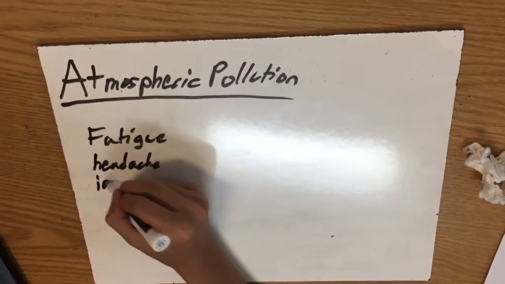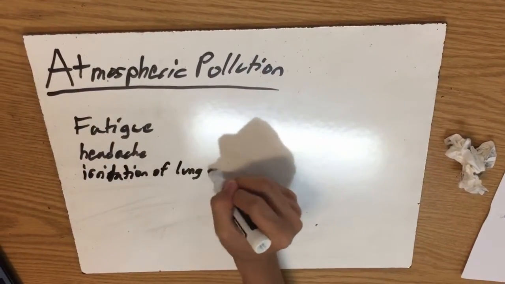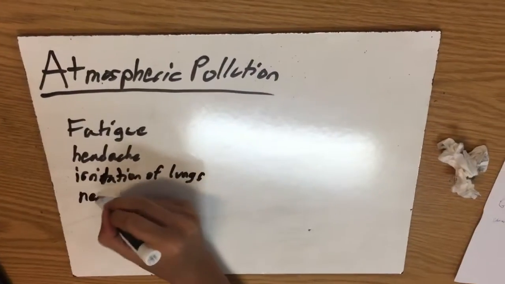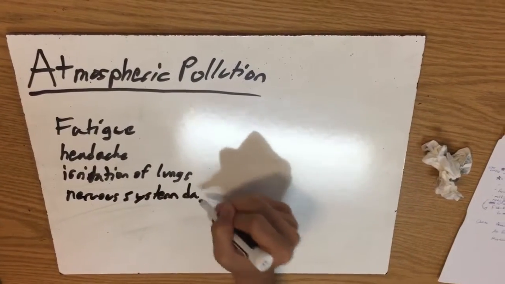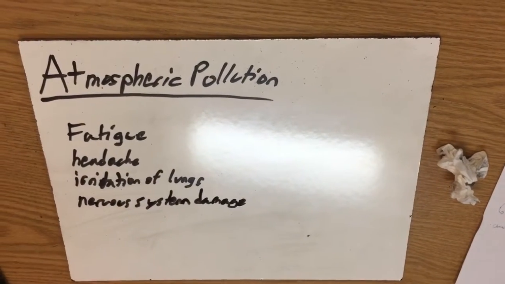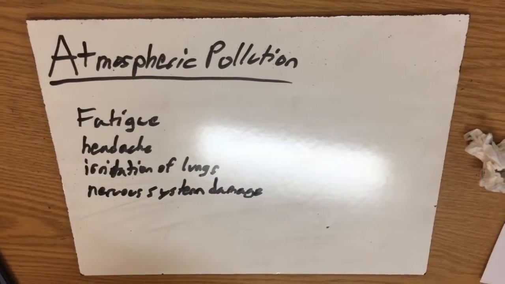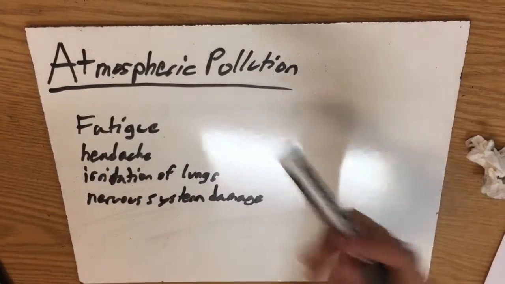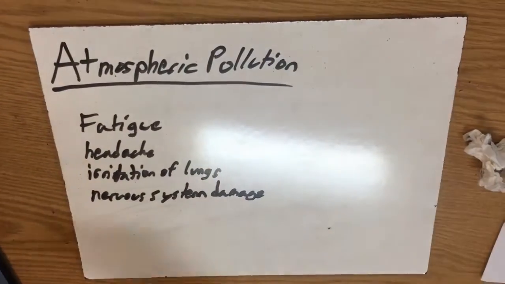They can cause irritation of the lungs and could cause nervous system damage. Usually if you get a question about what the harmful effects of atmospheric pollution on human health are, you can usually get away with just writing down one or a couple of these and you'll be fine.